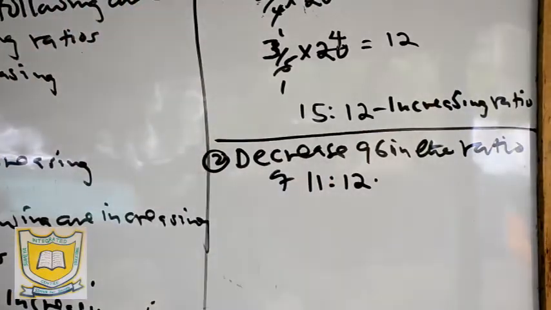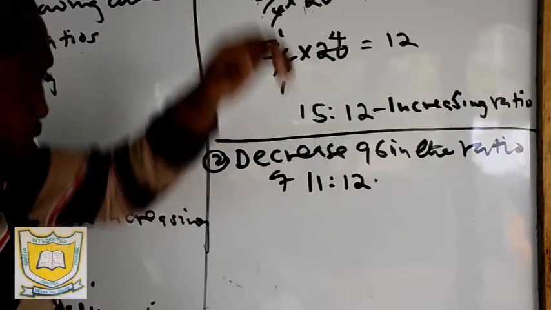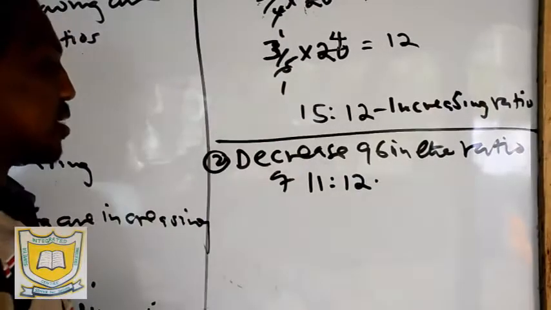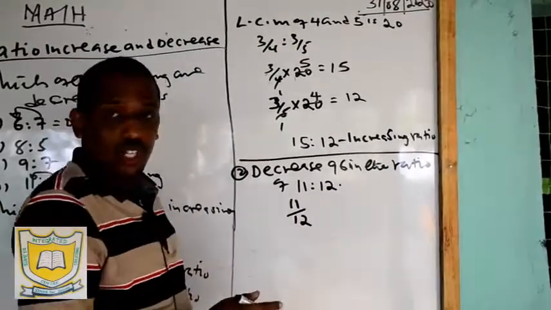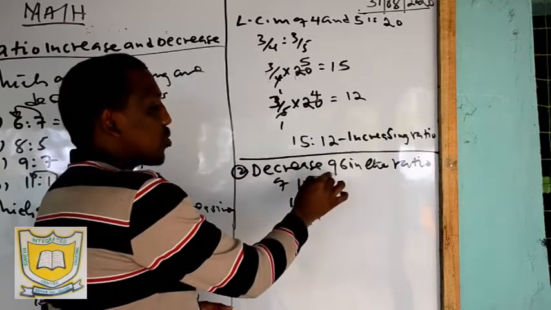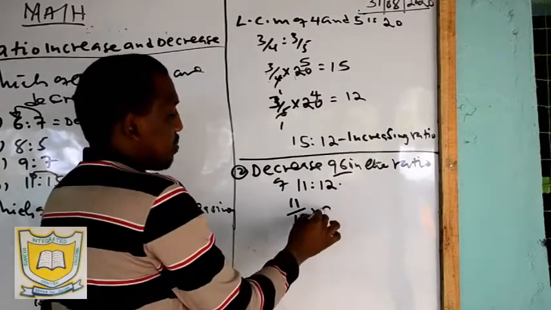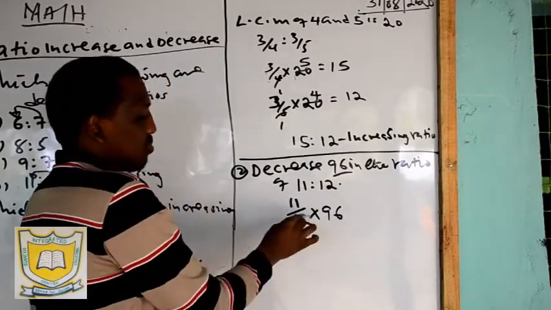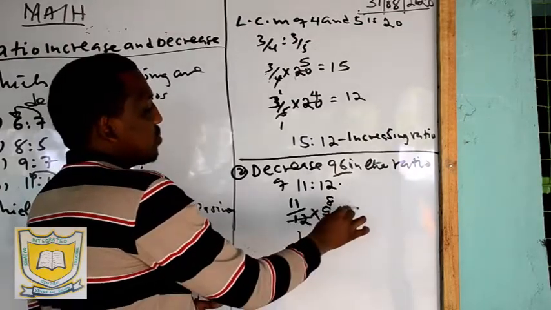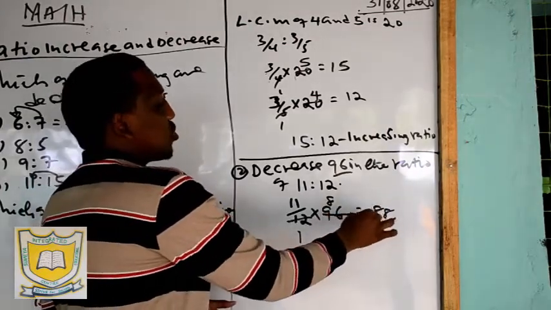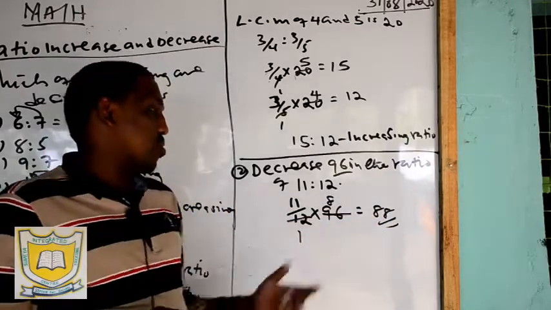So we want to decrease. We change 11 out of 12 into a fraction, multiplied by 96. We simplify 12 into 96, which gives 8. 11 times 8 is 88. So we have decreased. That is how we decrease.